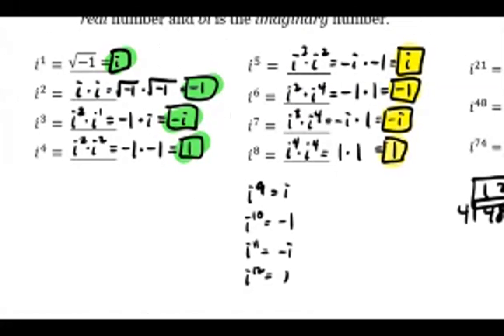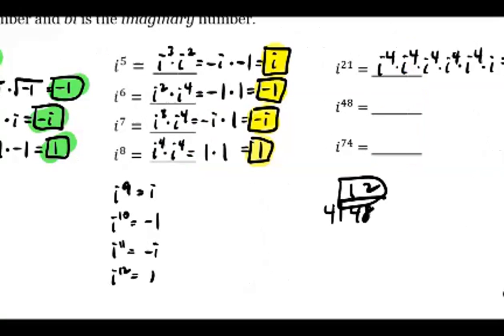I don't get a remainder there, do I? 4 divided by 4 is 1. All of these guys would have a remainder. So anything without a remainder, your answer is going to be 1.